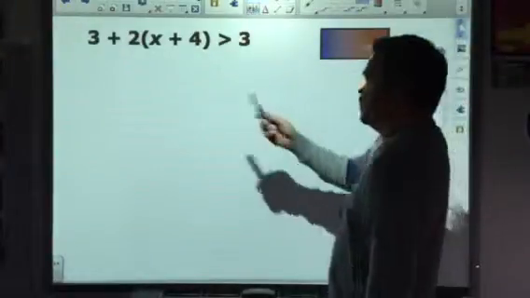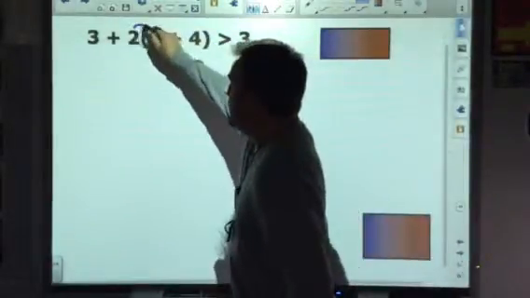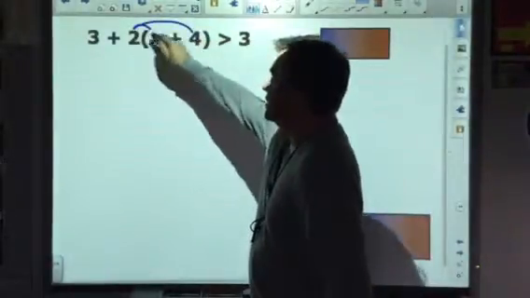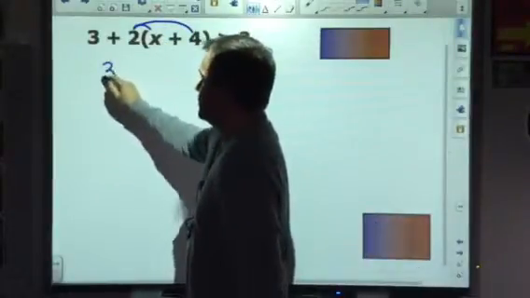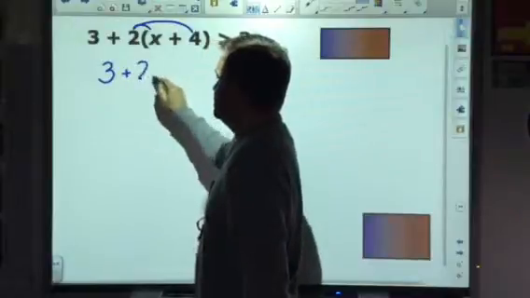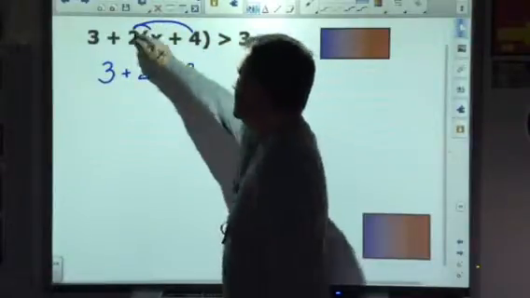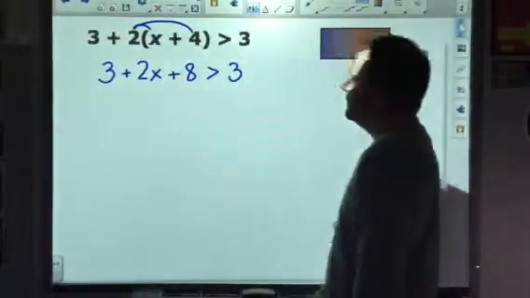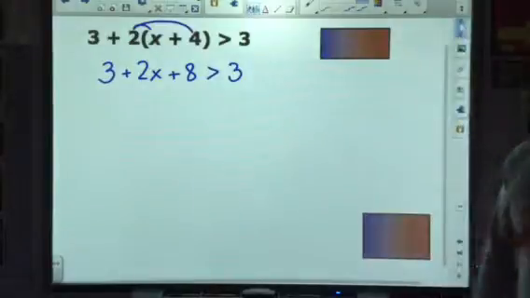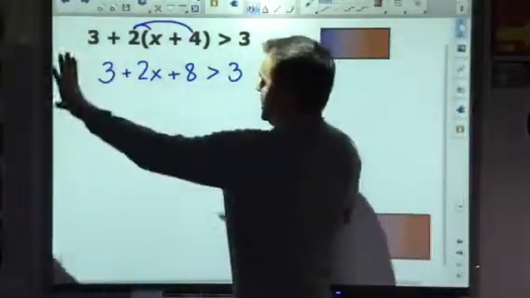Okay, this one's going to take multiple steps to solve. Multiply by 2. 2 times x, 2 times 4. So 3 plus 2x, that's the first part, plus 8, that's the second part, is greater than 3. So one thing that I noticed is that I have like terms on the same side.